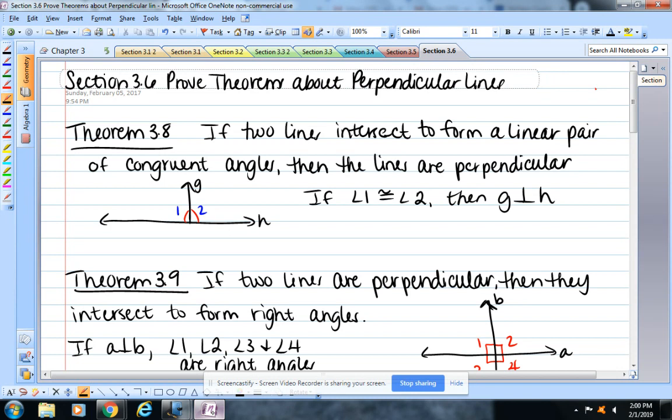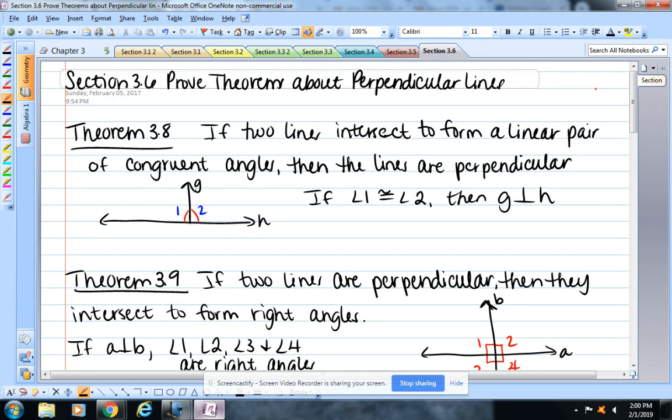If two lines intersect to form a linear pair of congruent angles, meaning they make a line, then the lines are perpendicular. So let's think about it. If I have a line, and I know that two angles are congruent, what angle measures do they have to be?